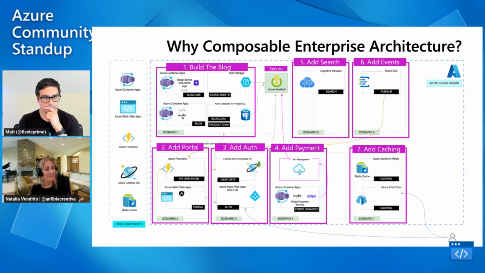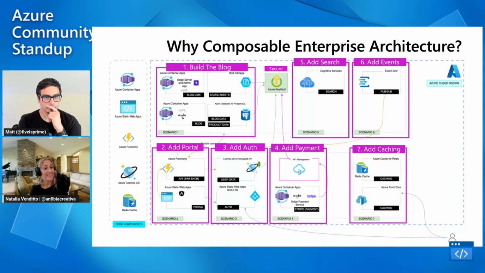And in the same scenario, we have also, of course, created a blob storage for the static assets and an Azure database for PostgreSQL. And these two storage services are going to be delivering content or data to the whole composable scenario architecture.